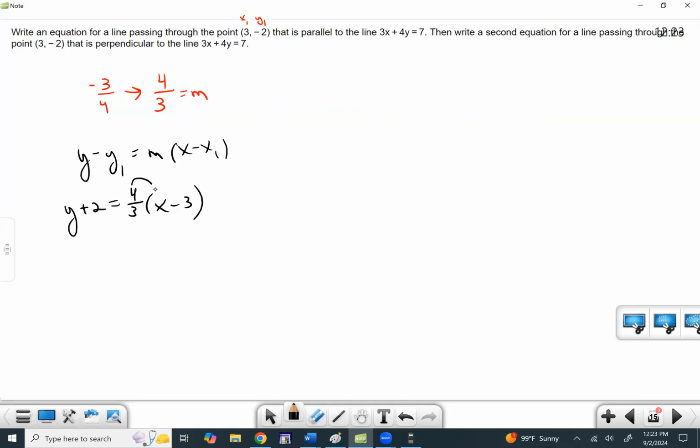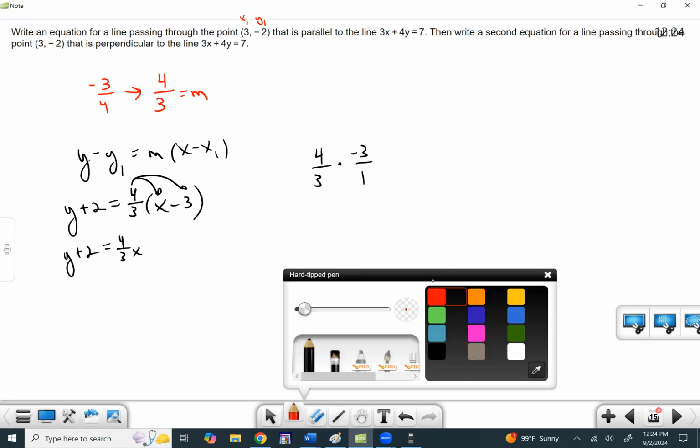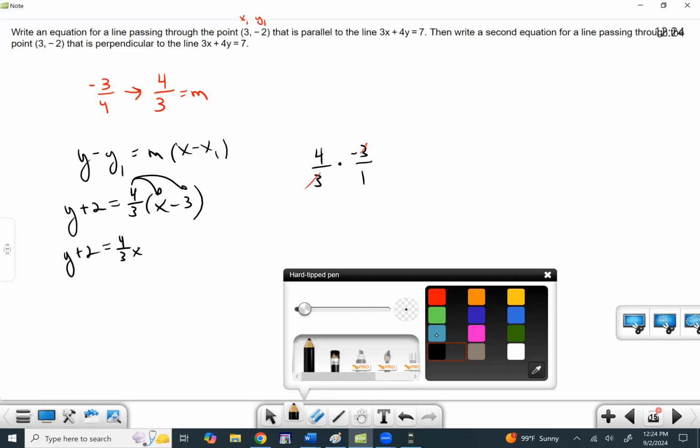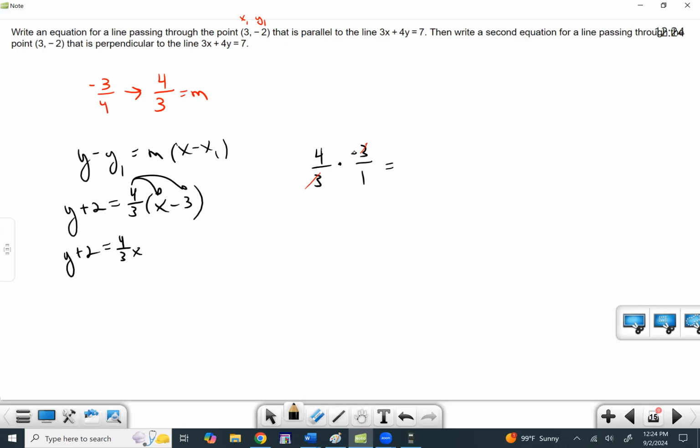So we're going to distribute y plus 2. And this is nice. When we take 4/3 and multiply it by -3/1, these 3's can cross off. So we have a 4 and a -1. 3 divided by 3 is 1, 3 divided by 3 is 1.